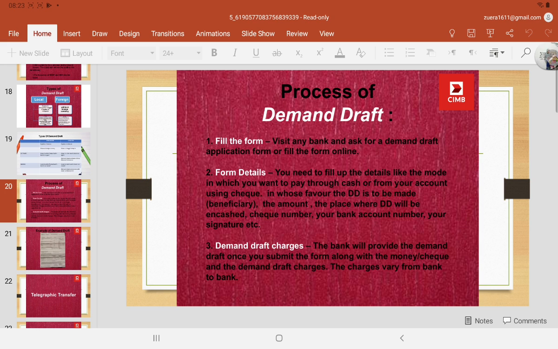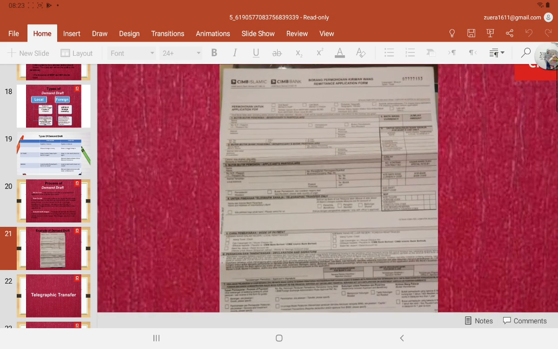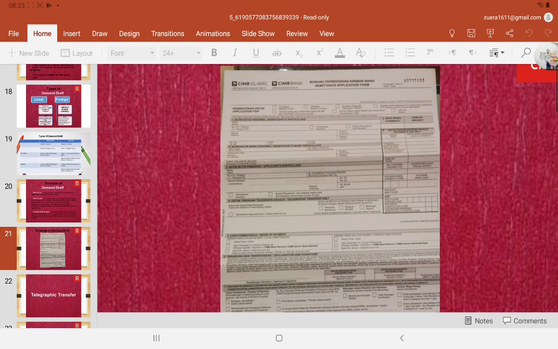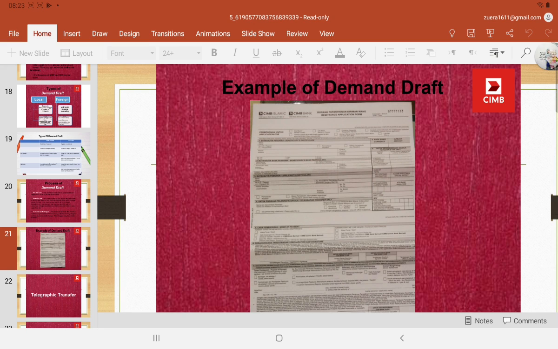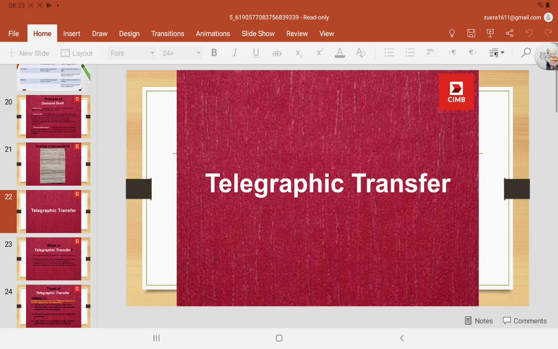This is an example of a demand draft form, and we can easily get it online.